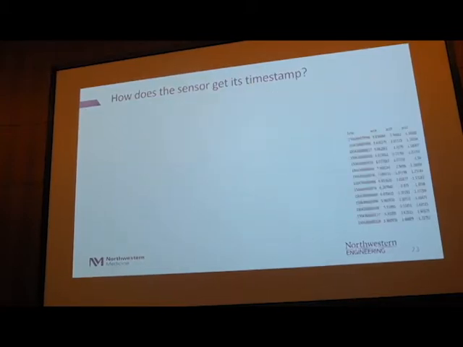How does the sensor get its timestamp? This is so critical. I see some smiles at that. Here we have acceleration X, Y, and Z. This is a Unix timestamp that can ultimately get converted into a specific time, up to the millisecond. It can potentially get its time from the microprocessor that's locally on board, and that'll be relative time.